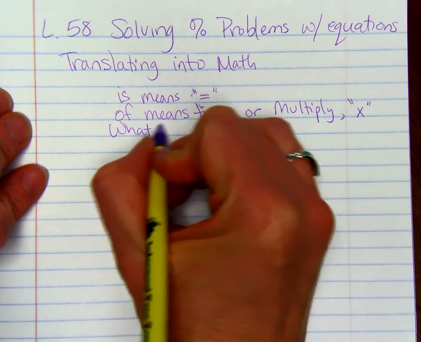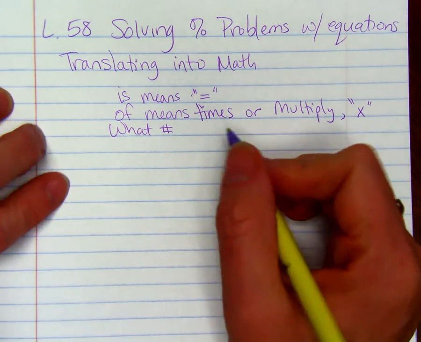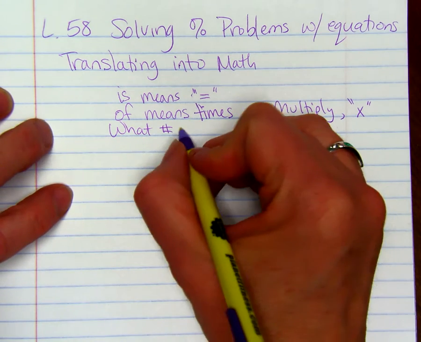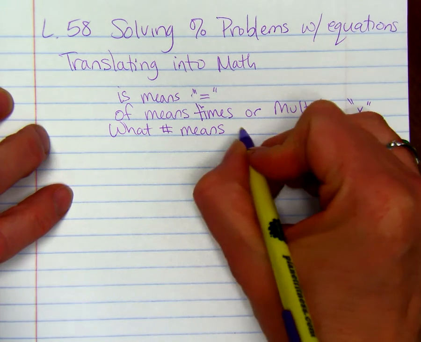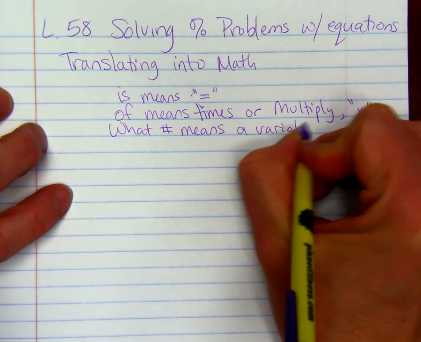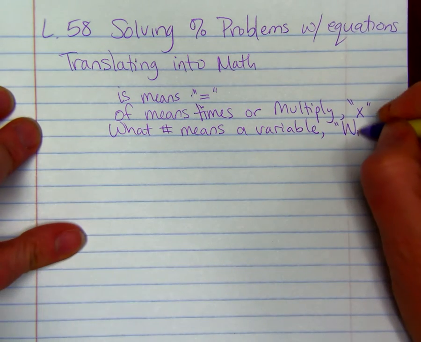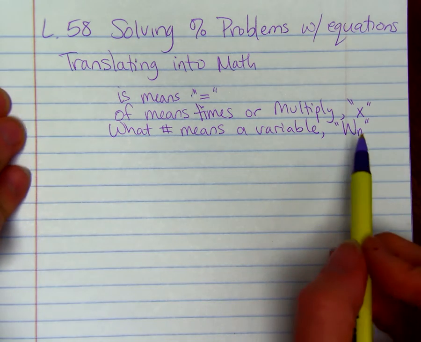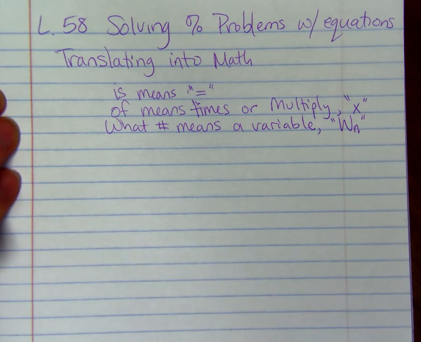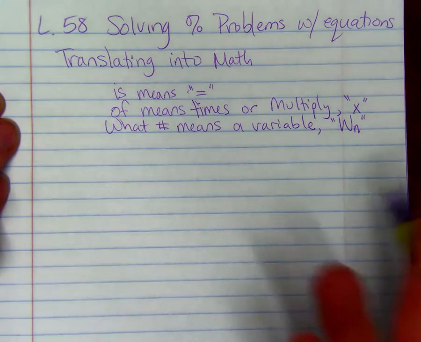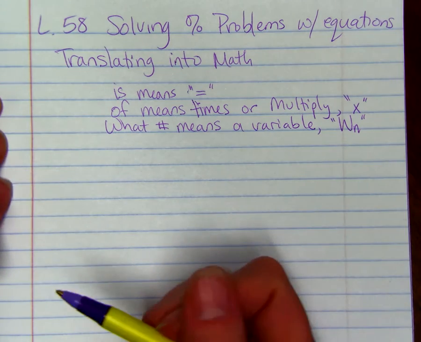What number? We can translate "what number" into a variable. And sometimes we just write it W sub n to help us remember what number. That kind of helps us remember, oh yeah, we were actually looking for that number.